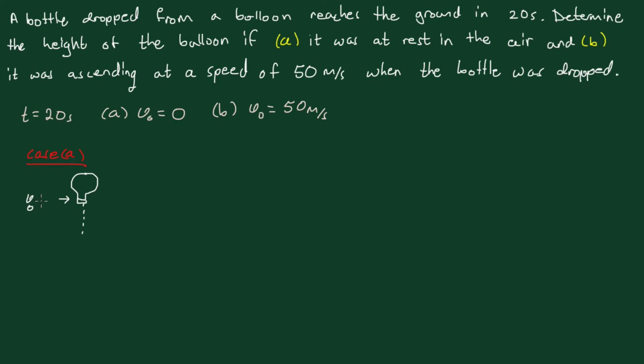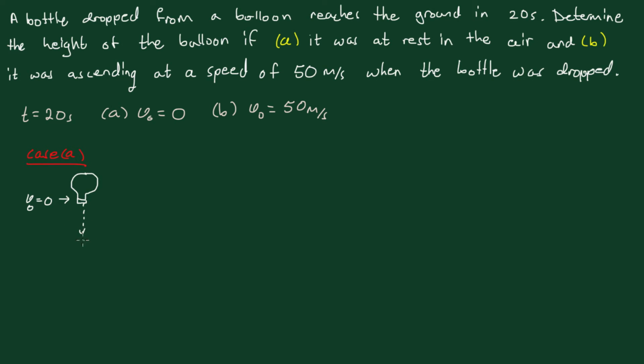So V0 for the balloon is equal to 0. Since the balloon isn't moving initially, that means the bottle also isn't moving initially. It's also at rest with the balloon.